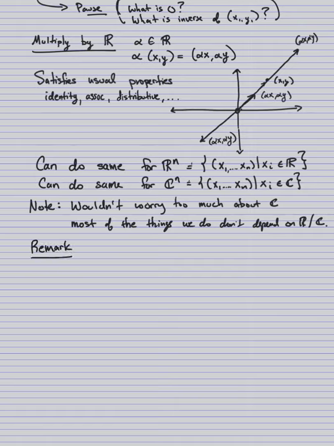I'll pause for a little bit. So why can't we multiply coordinate pairs? Why can't we define x1, y1 times x2, y2 to be equal to x1 times x2, y1 times y2?